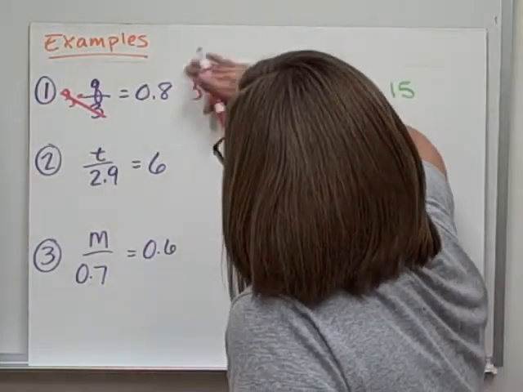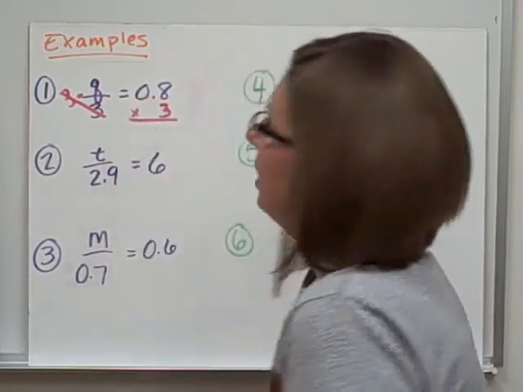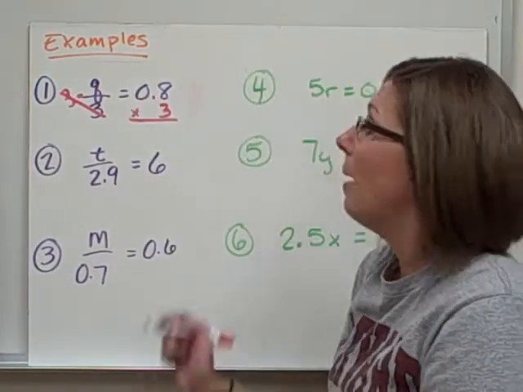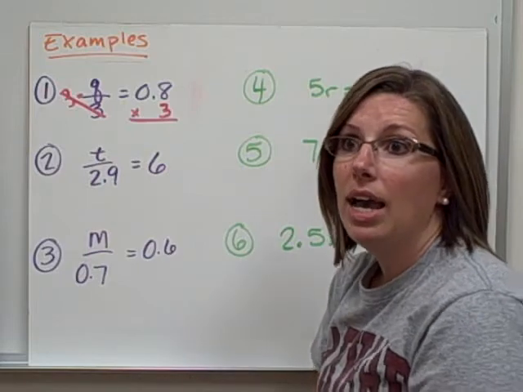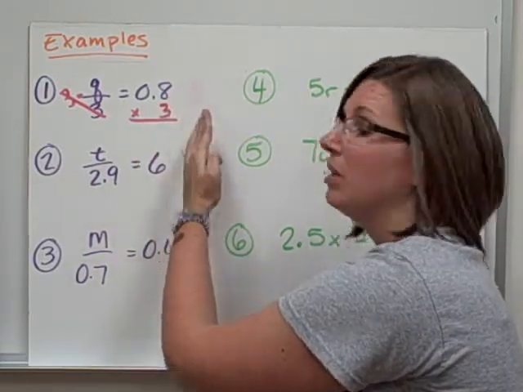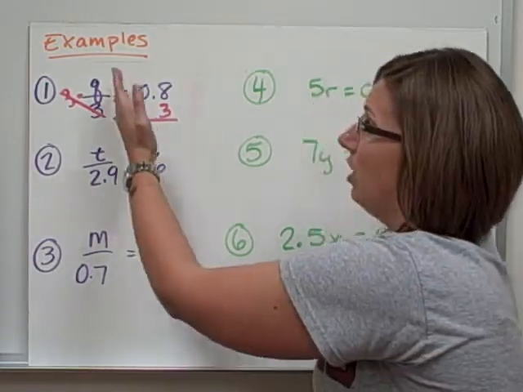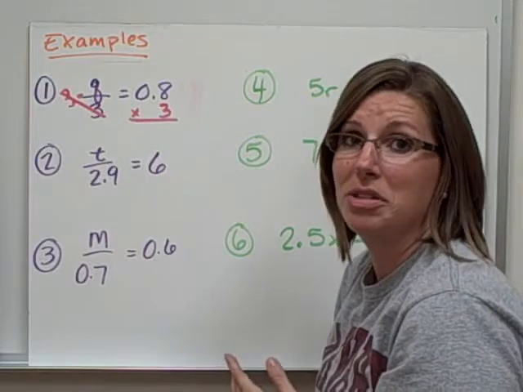So I'm gonna rewrite this underneath. Remember, when I multiply decimals, I line up the numbers all the way to the right. I don't line up my decimals here. I call it justify the numbers to the right.